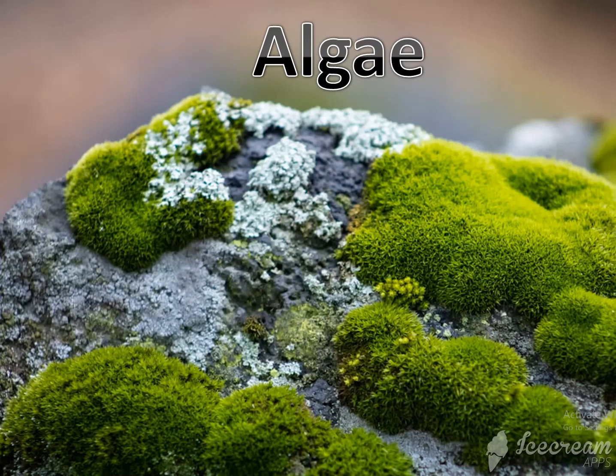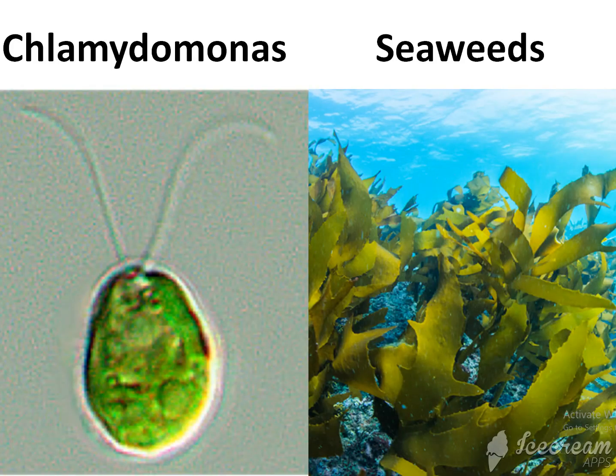Fourth type of microorganisms is algae. Algae are simple plant-like organisms and they have chlorophyll. That is why they look green in color, and so they can prepare their own food by photosynthesis. Some algae are unicellular, made up of only one cell.